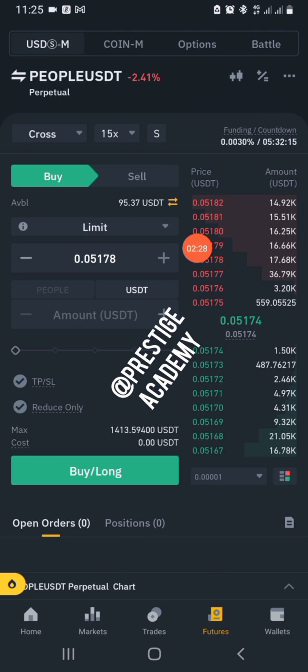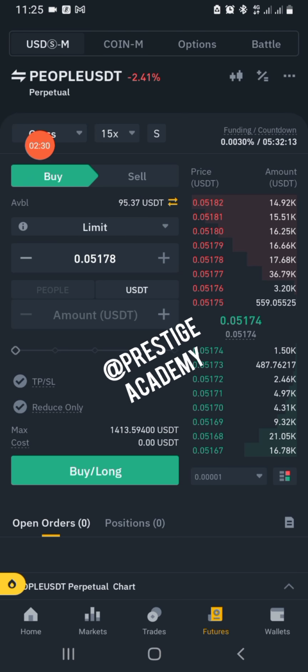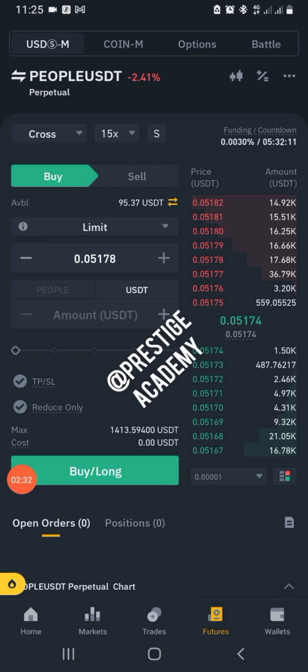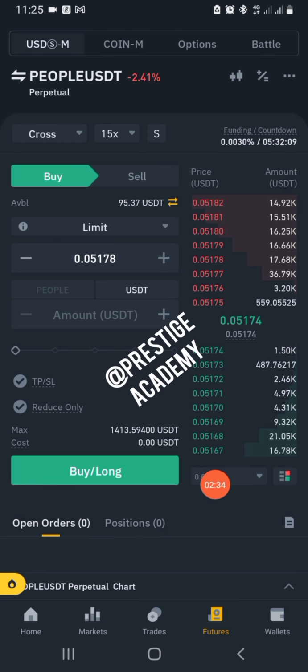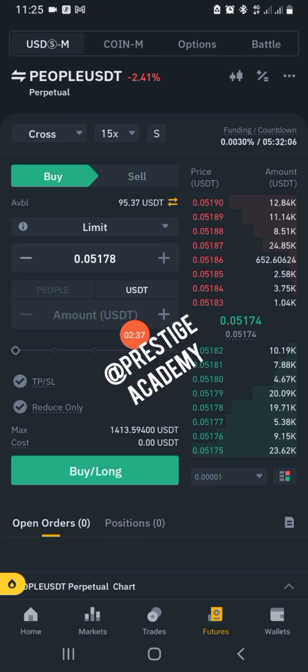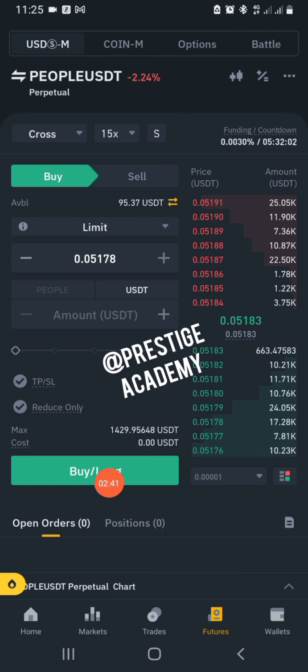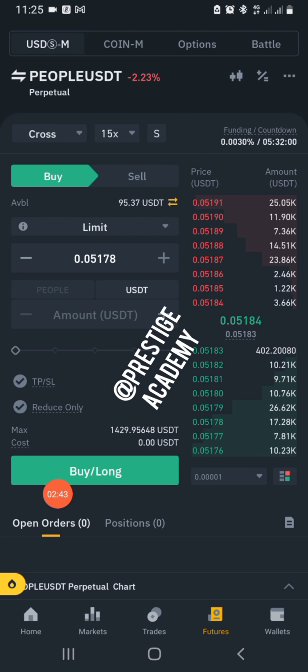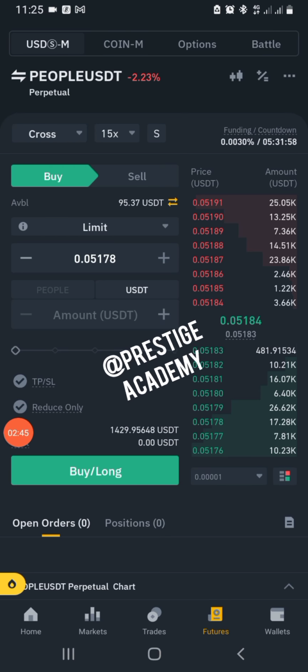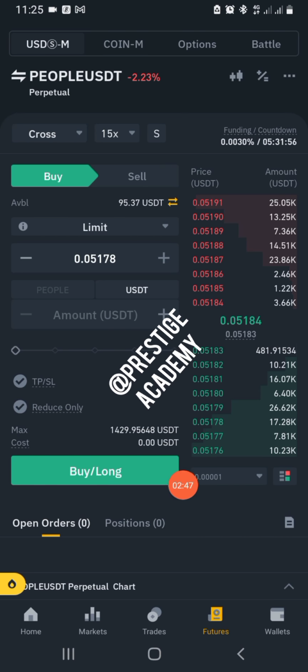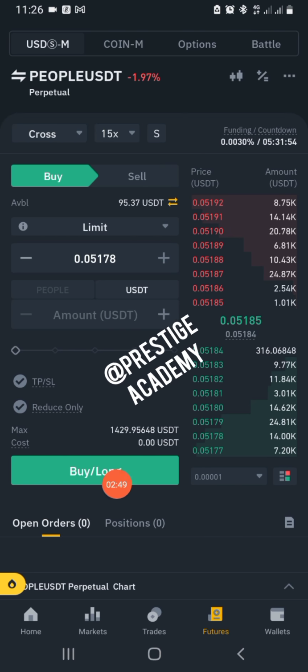Let's say you're longing the coin, like you're buying. When we say buy, we mean we are trying to long the coin, predicting that the coin is going to pump. Once we predict that this coin is going to pump, and all of a sudden the coin is going against us, like it's dipping, we'll be making losses.